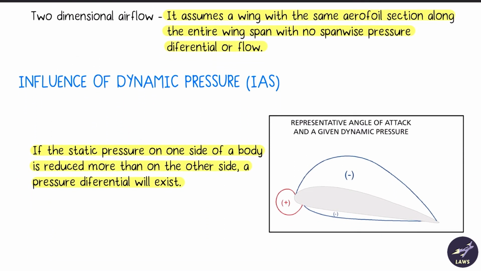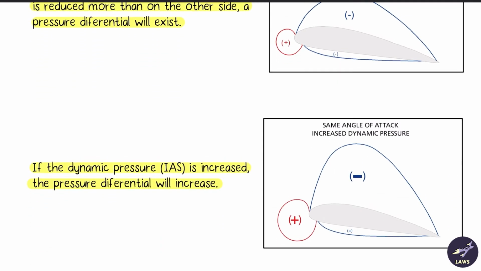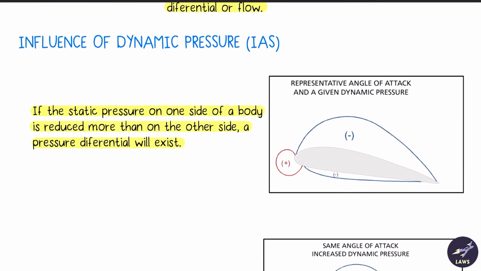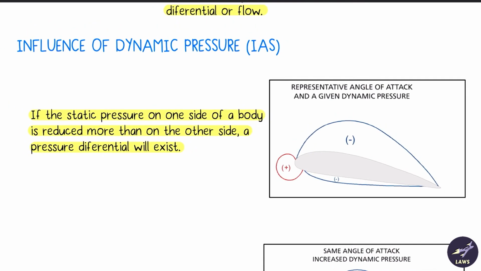Now we'll look at the influence of dynamic pressure or IAS on the angle of attack and the lift being generated. As you can see, the pressure is highest at the stagnation point. Comparatively, the pressure is lower above and higher below.